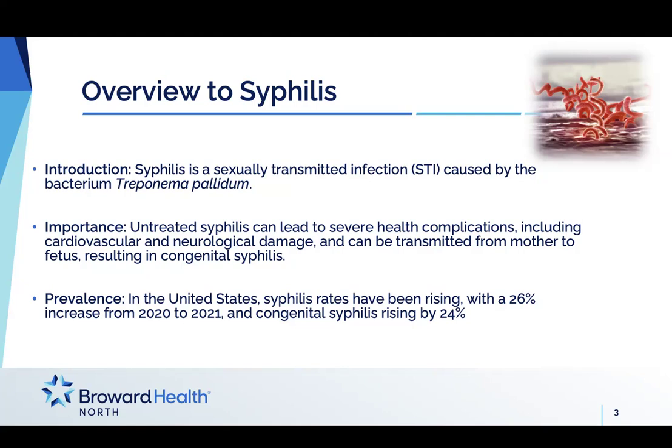And the prevalence in the US has been rising, like I mentioned before. The statistics in the studies that I found say that there was a rise of about 26% from 2020 to 2021, which is super recent. And in congenital syphilis, there was a rise of 24%, super worrisome.